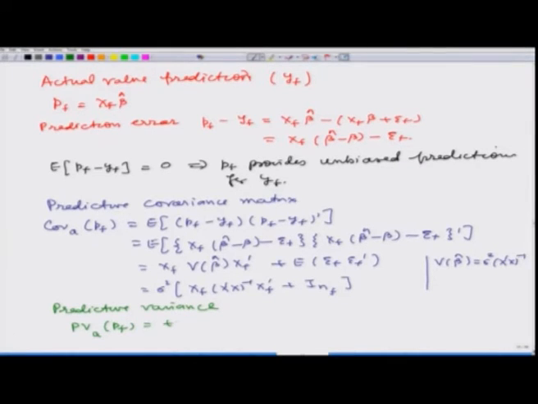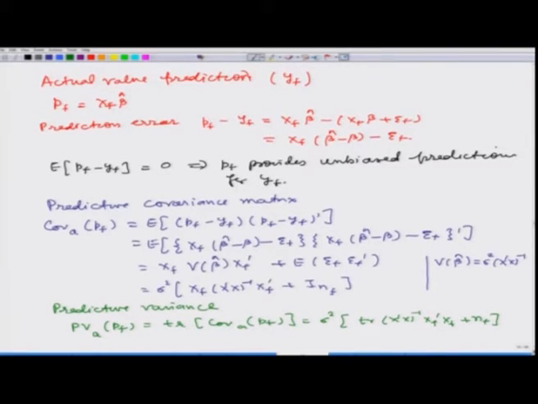This is simply the trace of the covariance matrix of PF when it is used for actual value forecasting, and this is simply sigma square times the trace of (X transpose X) whole inverse XF transpose XF, plus NF, because the trace of the identity matrix of order NF is NF.